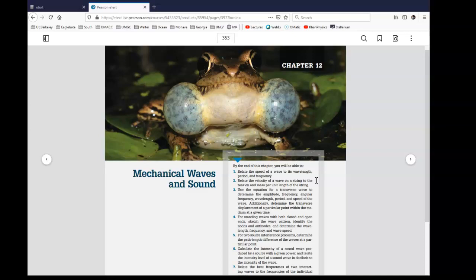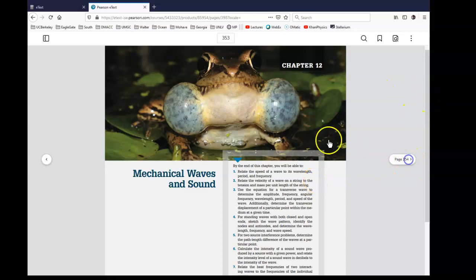For example, if you're in the countryside in Iowa, you would see a mechanical wave on a wheat field as the wind blows on it. Another one is when you drop a stone in a still pool of water. You will see circular waves propagating in the radial direction away from where the stone was dropped. That would also be an example of a mechanical wave.